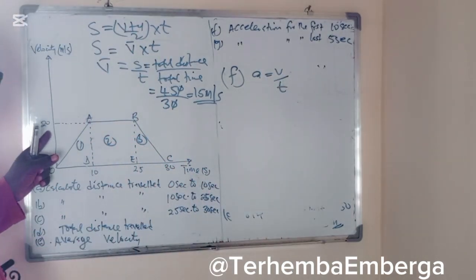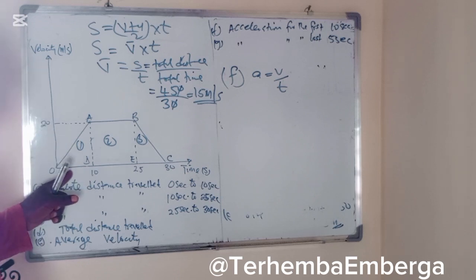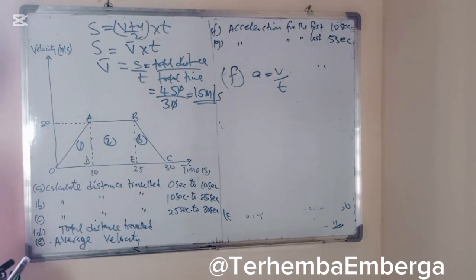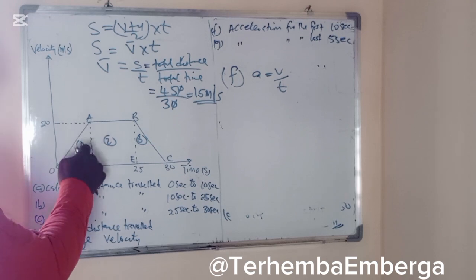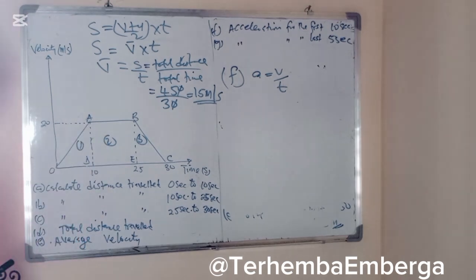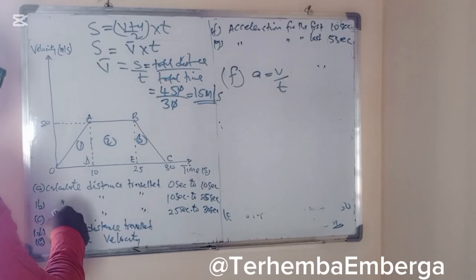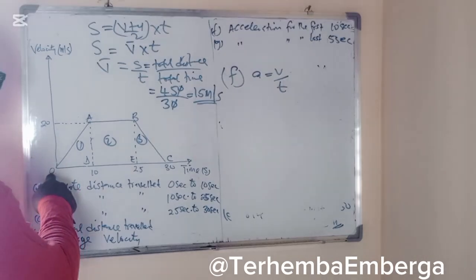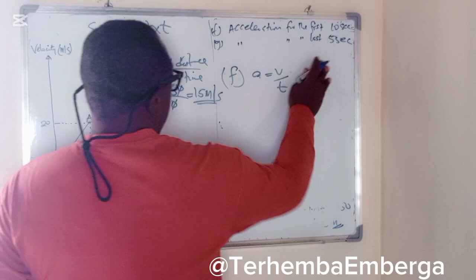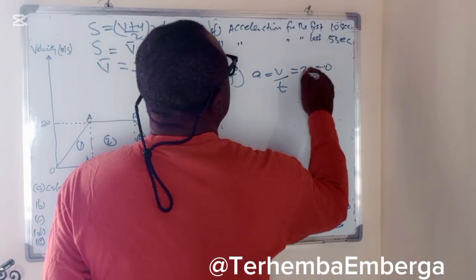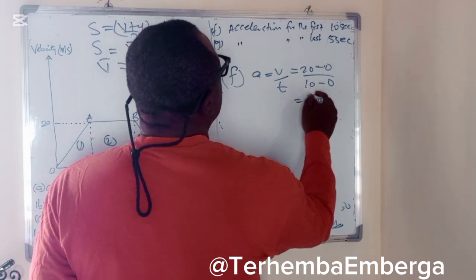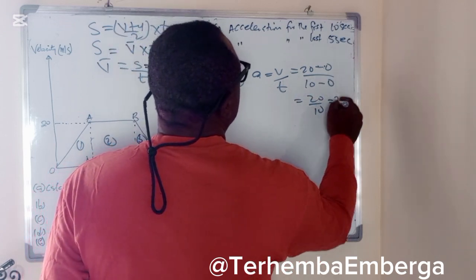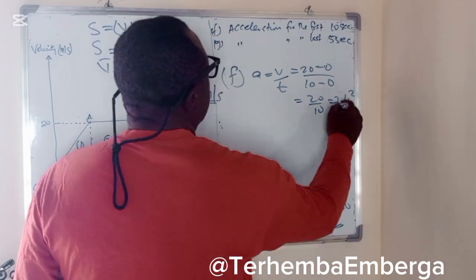The velocity here is 20, and the time is 10. This is the slope we're talking about. The slope of this gives us the acceleration. So that will be 20 minus 0 all over 10 minus 0, which is equal to 20 over 10, which is equal to 2 meters per second squared.